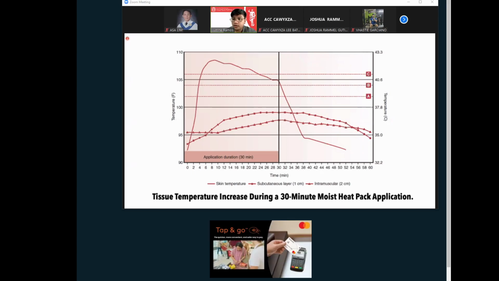So the blood through its hemoglobin will release the oxygen, providing more oxygen towards the cell and towards the tissue or an injured tissue to facilitate the healing process.